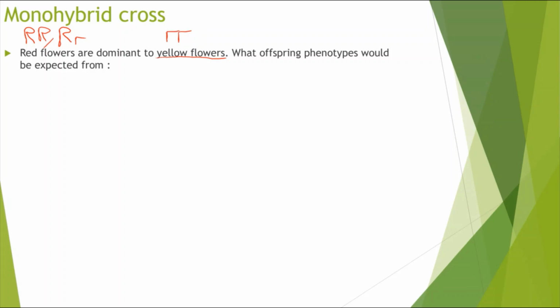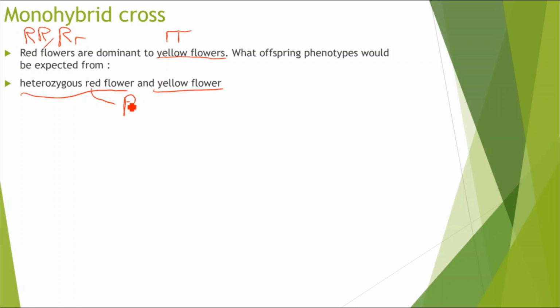It's asking what offspring phenotypes would be expected from a heterozygous red flower and a yellow flower. So I can start to write the genotypes down. It's told me that the red flower has the heterozygous genotype.